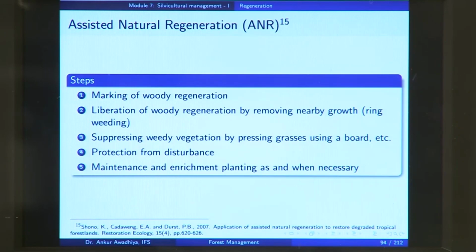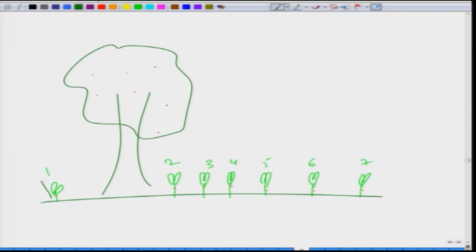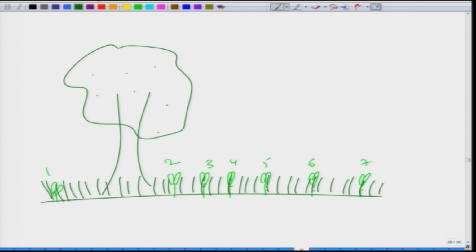What does that mean? It means that suppose you had grasses in this whole area, so in the case of ring weeding, what you will do is, for every individual that you have marked, you create a ring around it, and you remove all the grasses that are there in this ring.